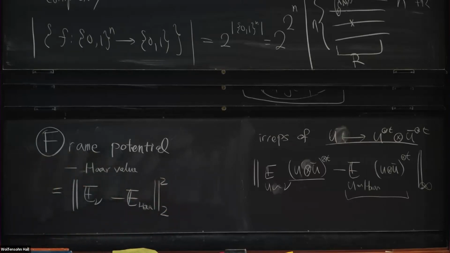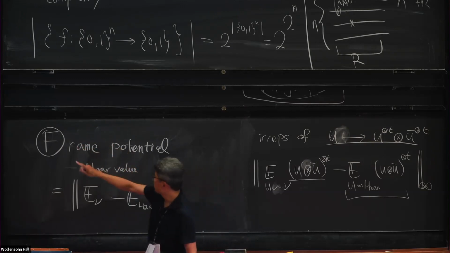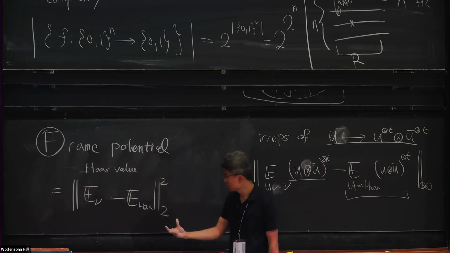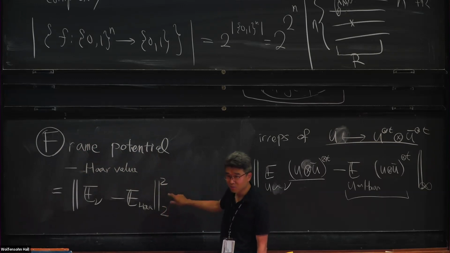So the difference between the essential norm and the frame potential is that it's the same operator, but in the essential norm, you measure it in the operator norm. Here, you measure it in the 2 norm and square it.